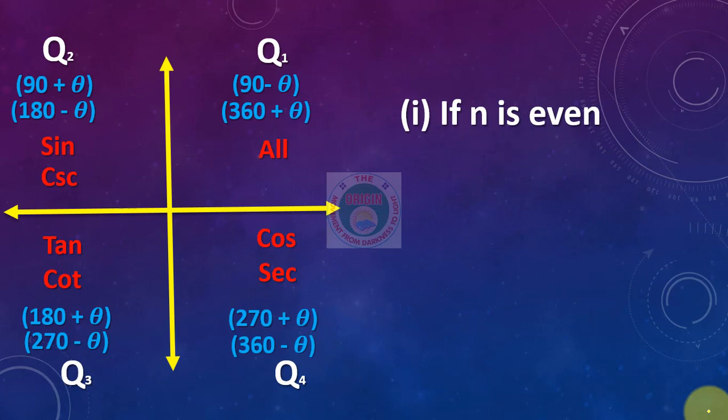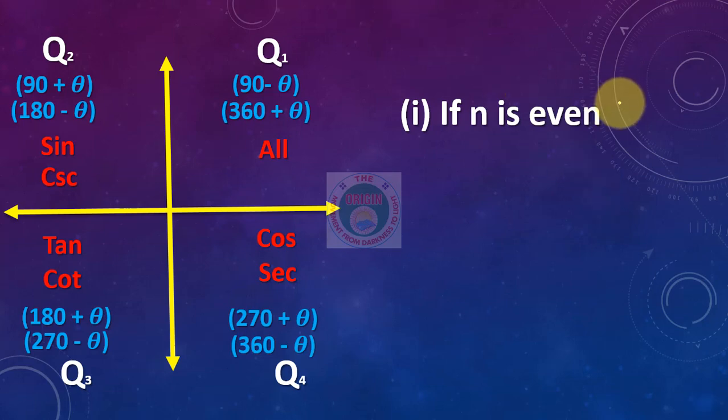And next step, what type of trigonometric ratio is existing? In the previous case we discussed sin of 90 minus theta equal to cos theta, cos of 90 minus theta equal to sin theta, the type of values we discussed. Here, if the angle is above 90, what to do? That point we are discussing here.